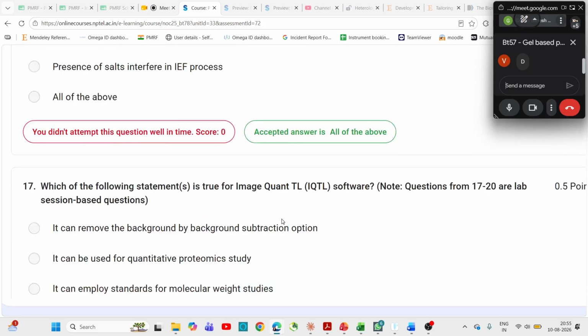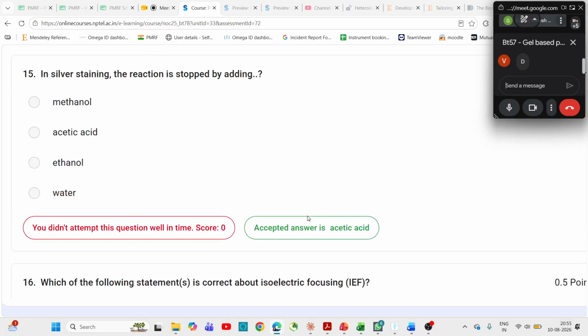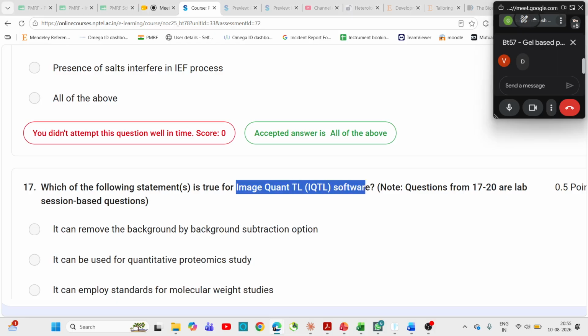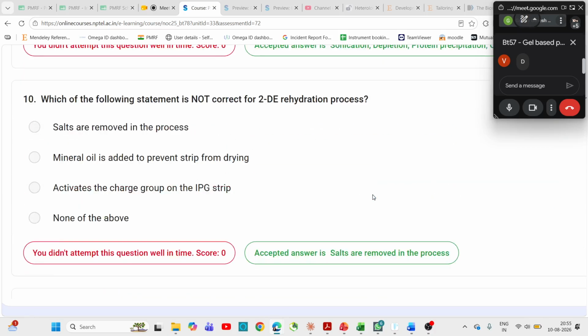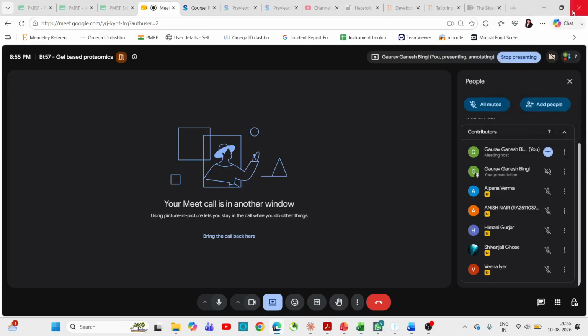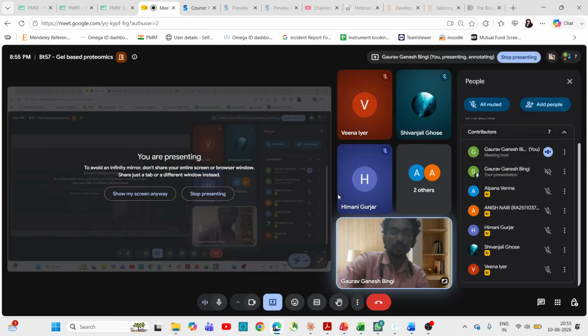So all these questions, from 17 to 20, are about this specific software, and one of the professors has talked about it in detail in the session. You can go through that. I don't have that software, so I didn't talk about it much.